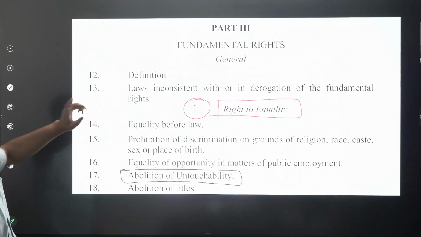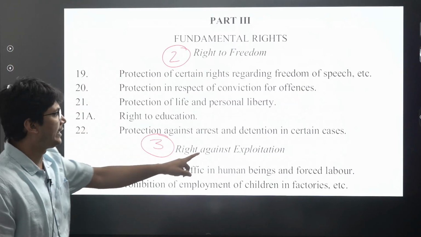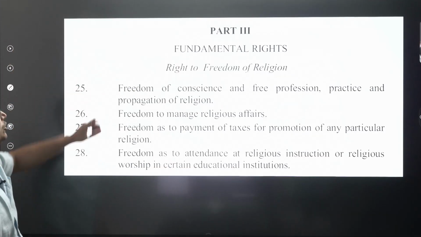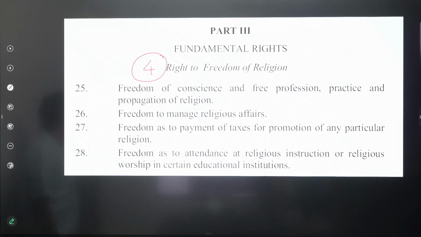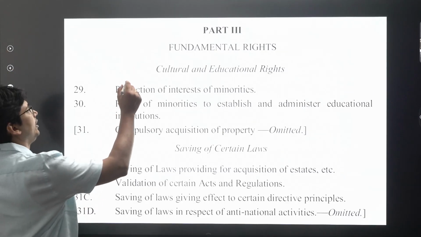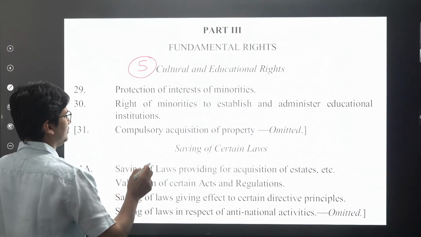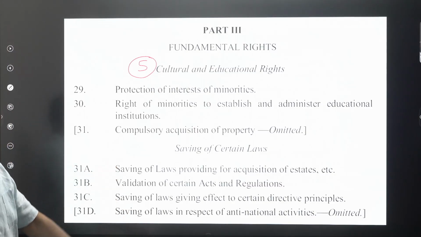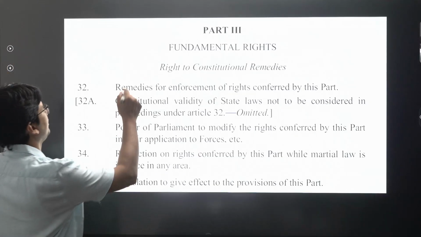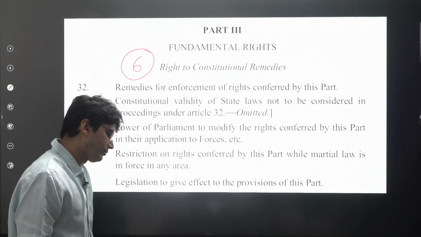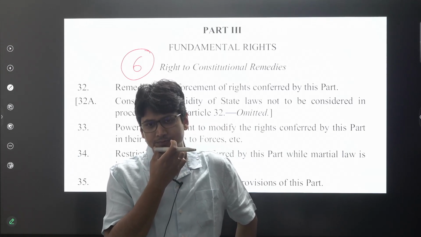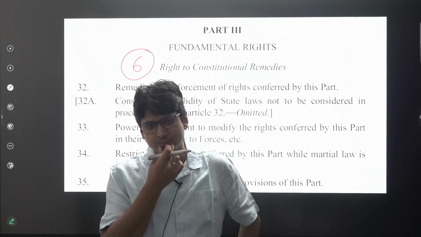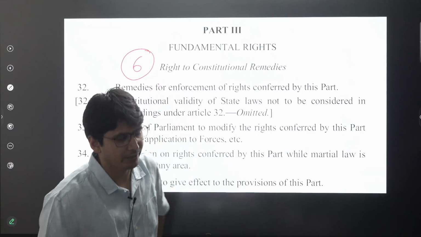Fourth is your right to freedom of religion, and fifth is your cultural and educational rights, and sixth, right to constitutional remedies. Okay, 6 major components of fundamental rights.